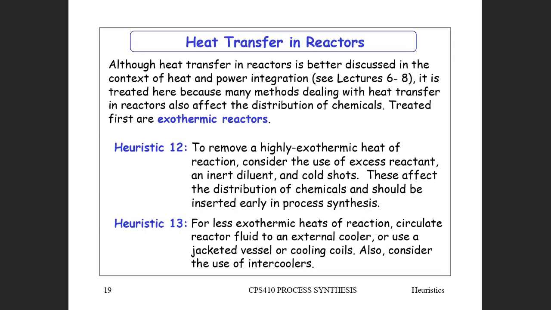Right, let's go to heat transfer, and we've got 20 minutes and we'll be done with that. Heat transfer in reactors is better discussed in the context of heat and power integration, and that is essentially what you're going to be doing in CPS 420 next semester. You'll be doing CPS 420 in the first 2 months of the semester.